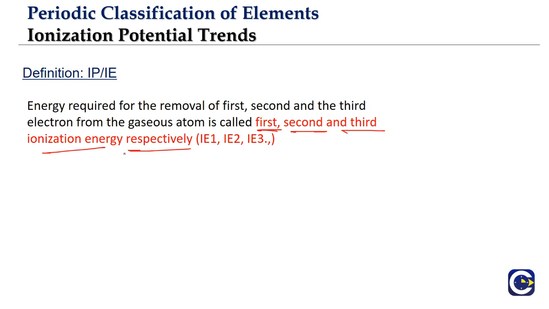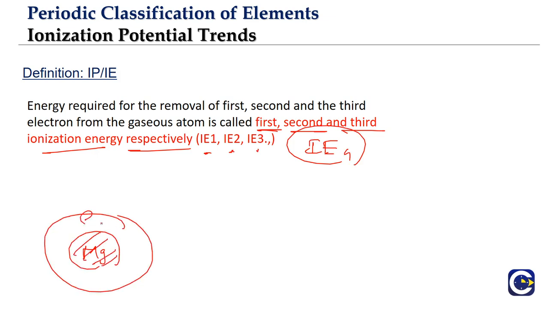If you are removing the fourth electron, we represent the first as IE1, second as IE2, third as IE3, and fourth as IE4. So just to tell you, if you have magnesium, we have a nucleus. What is the number of electrons in the first orbit? 2. What is the number of electrons in the second orbit? 8. What is the number of electrons in the third orbit?